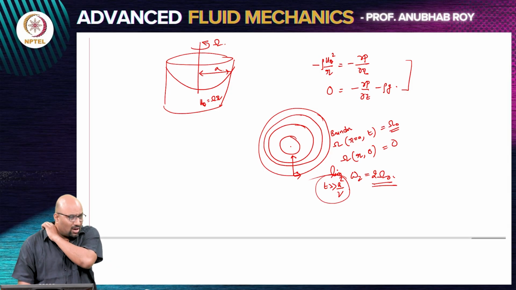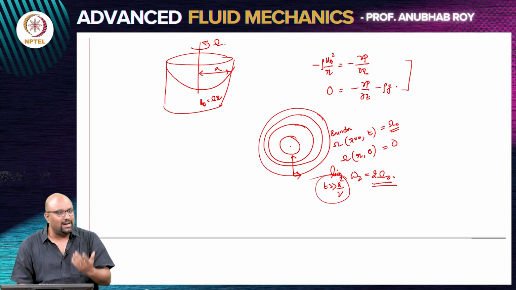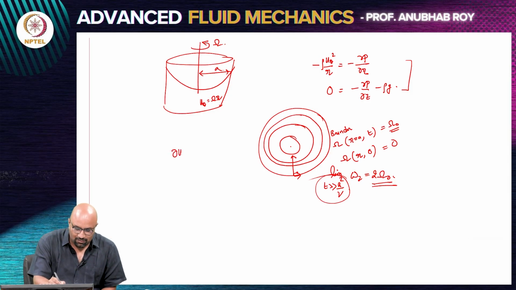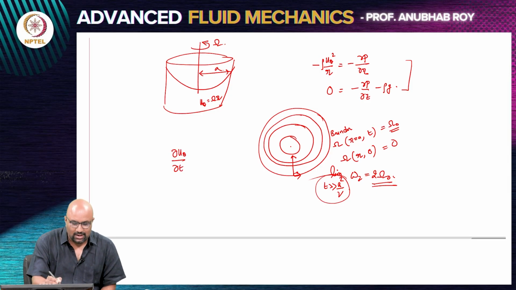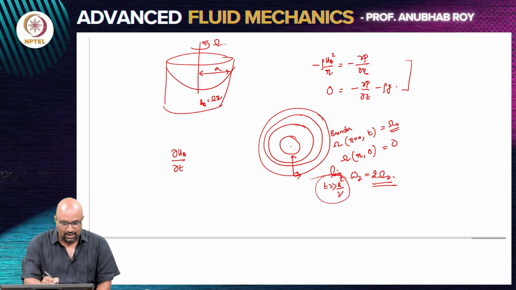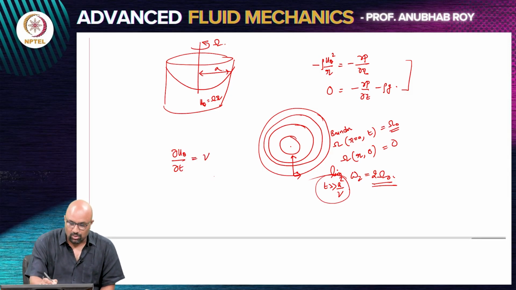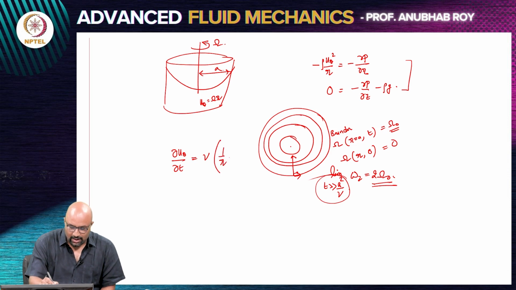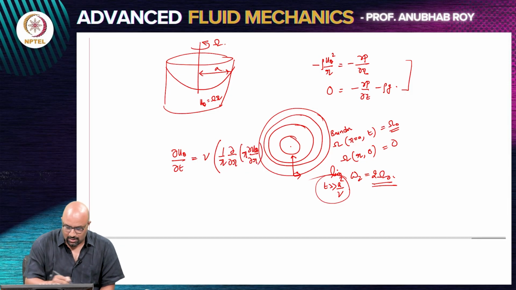So you can try solving this. It's algebraically a little tedious, but it's something that you can give it a shot, that you can solve this problem, because now you will solve an equation for dou u theta by dou t is equal to nu times 1 by r dou by dou r of r dou u theta by dou r.